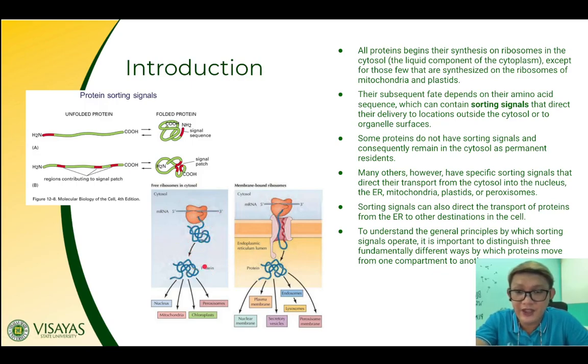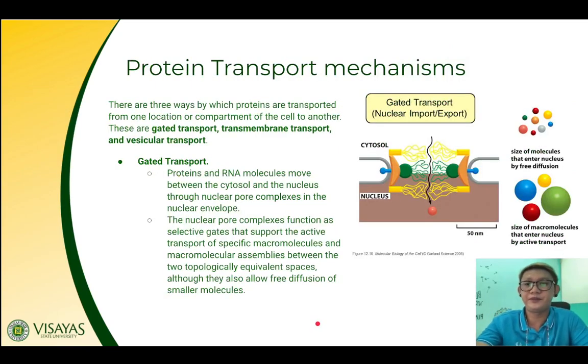Here you have the fate of the protein. Proteins synthesized in the ribosomes in the cytoplasm could be transported to the nucleus, mitochondria, chloroplasts, or peroxisomes. Those proteins that are synthesized in the ER could be transported through the nuclear membrane, plasma membrane, secretory vesicles, endosomes, lysosomes, and the peroxisomal membrane.